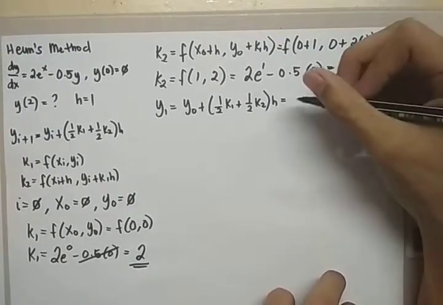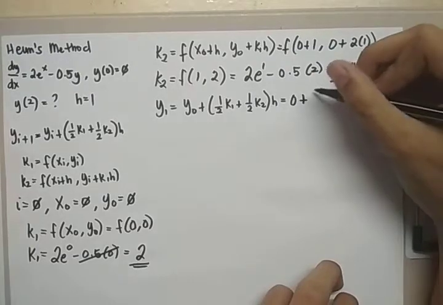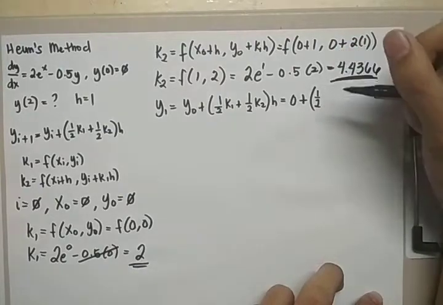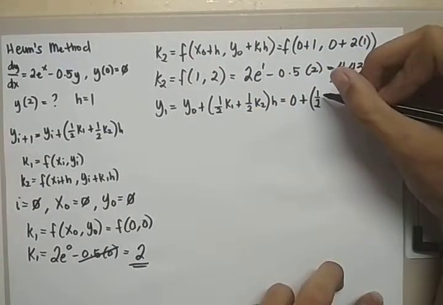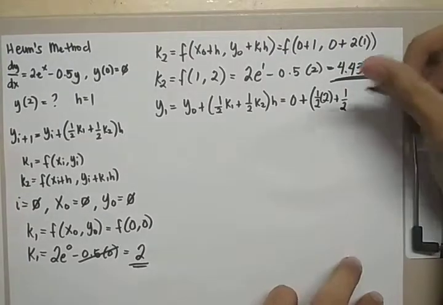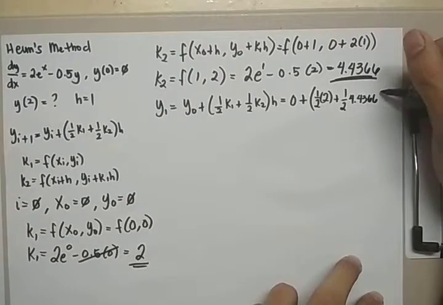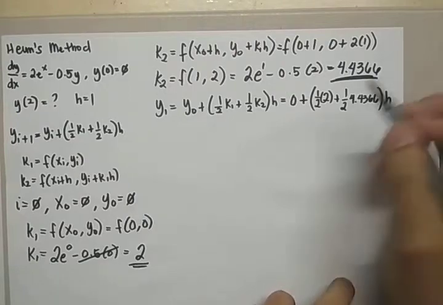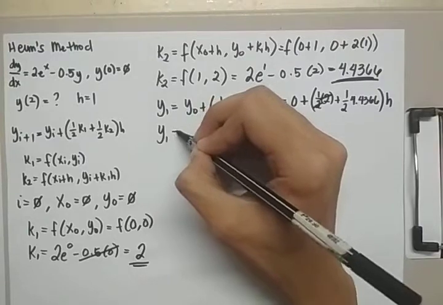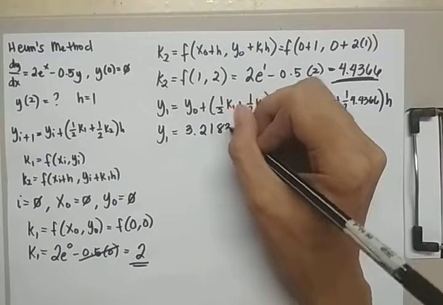By substituting the values, we have y sub 0, which is 0, plus 1/2 of k sub 1, which is 2, plus 1/2 of k sub 2, which is 4.4366, multiplied by h, so this is cancelled. So our y sub 1 is equal to 3.2183.